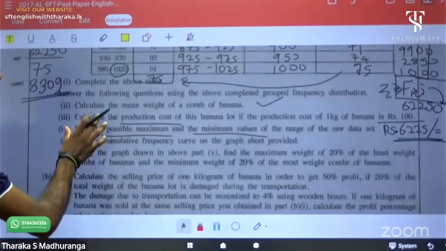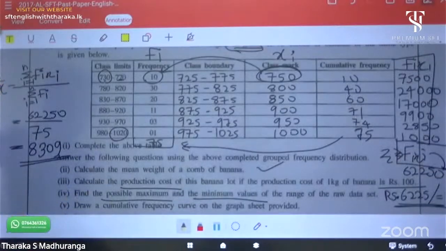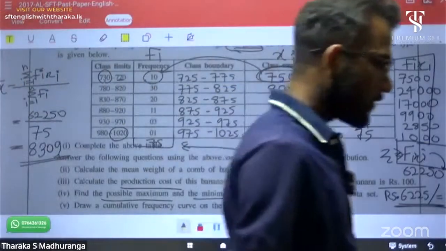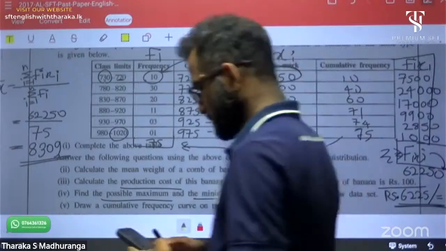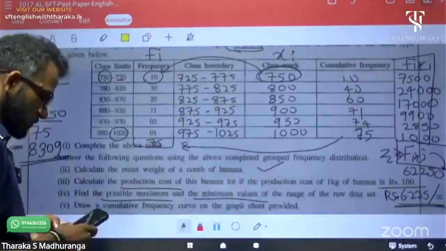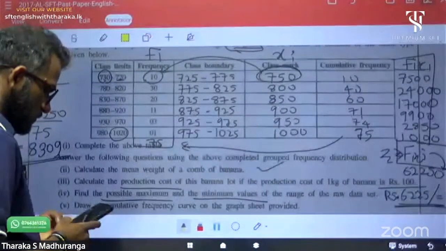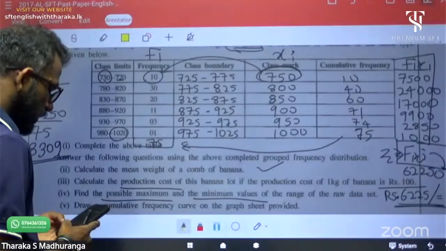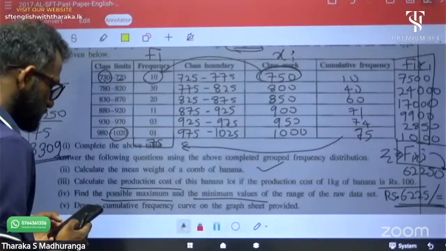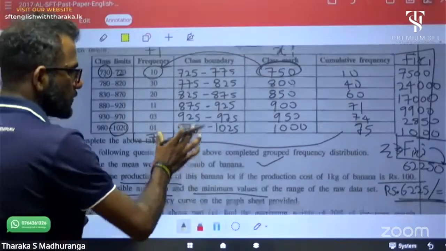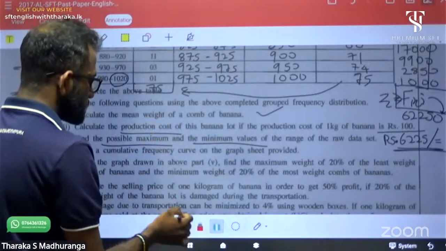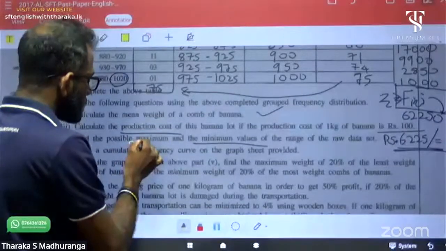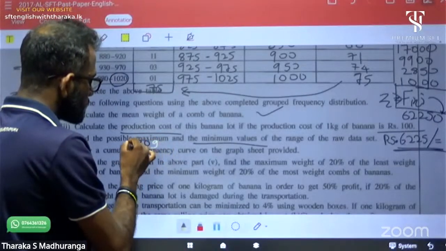The maximum possible value, 1020 minus 730, is 290. The maximum possible value is 290, very simple. 290 grams.